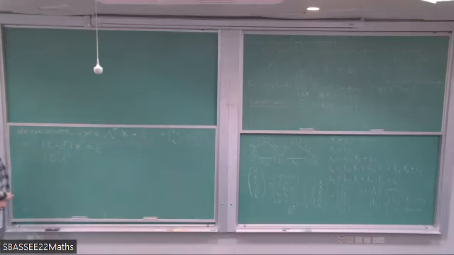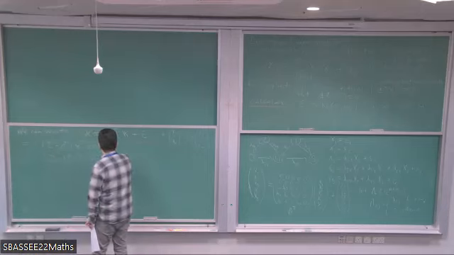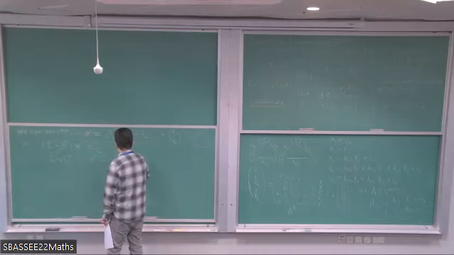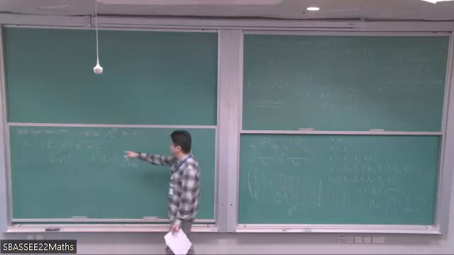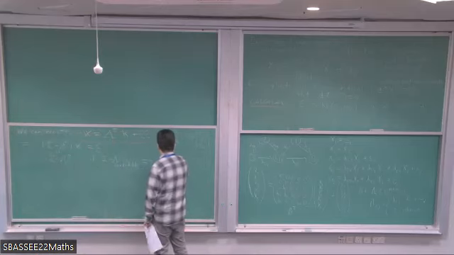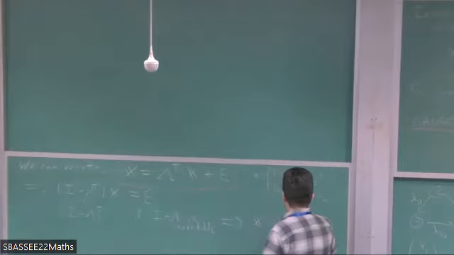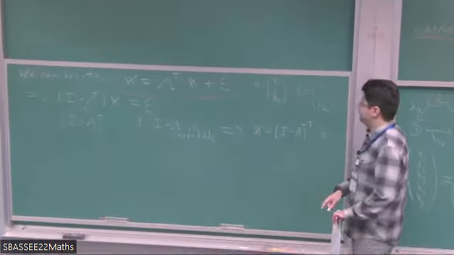And so if identity minus lambda is an invertible matrix, then we can actually solve for X in terms of lambda and epsilon. Then we would have that X equals identity minus lambda, inverse transpose, times epsilon.